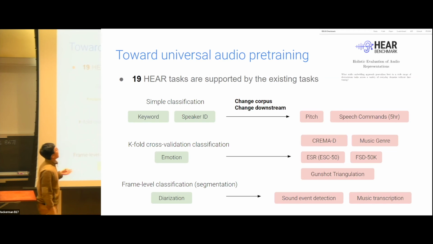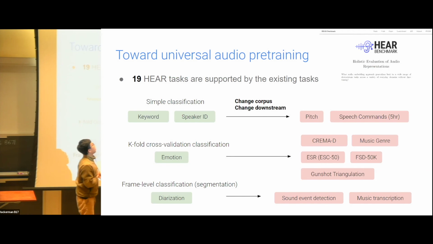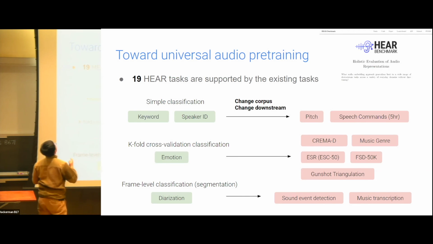It seems like a lot, but actually they share basically the same machine learning training logic as the ones in the SUPERB benchmark, like just classification or cross validation, or frame-level multi-label classification, between speaker diarization and music transcription. So actually, we can very easily adapt all of the HEAR benchmark by just changing the corpus and changing the downstream model, and we can easily support all 19 tasks with the exact same benchmark results during the challenge workshop.